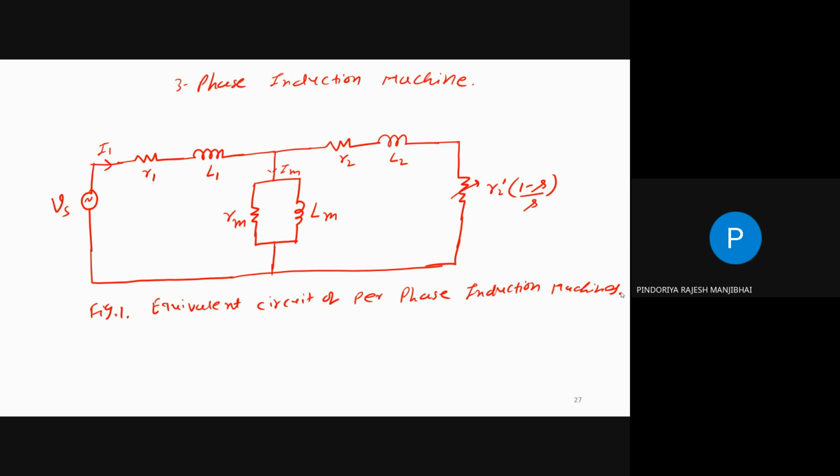If you want to draw the transformer equivalent circuit, then this is the same circuit, correct? So R1 and L1 are the stator resistance and inductance. R2 and L2 are the rotor, and when we draw the rotor part, then slip is there. So S is nothing but your slip, correct? And slip is the difference between the synchronous speed and the actual speed. There is a slip, correct?